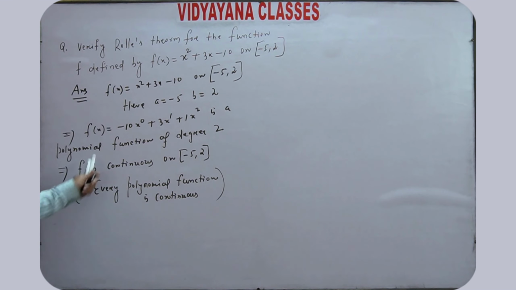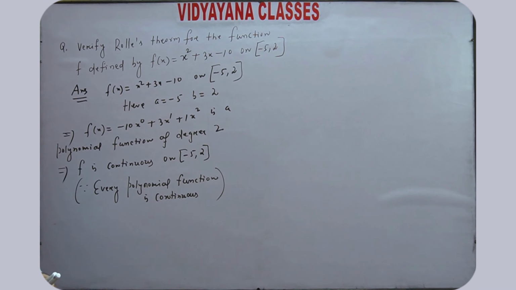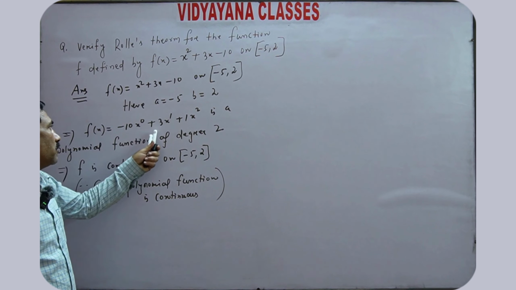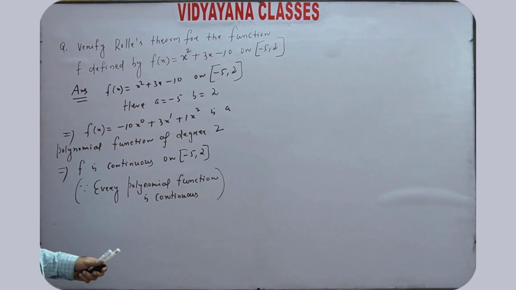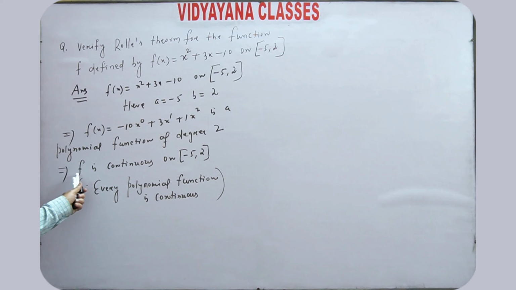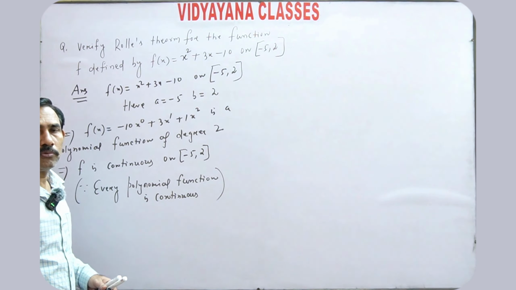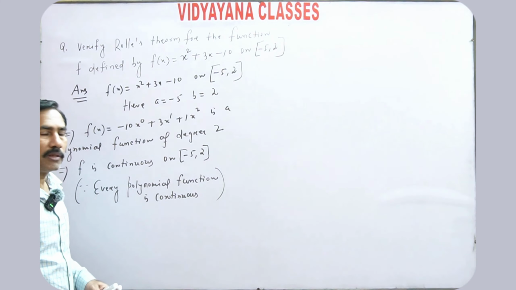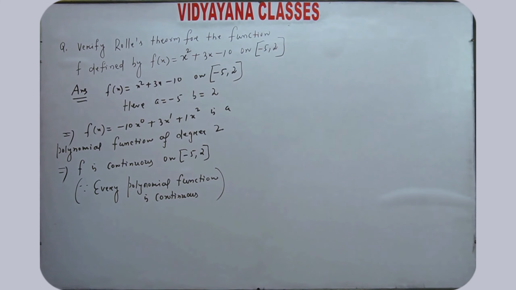Clear? f(x) is equal to x square plus 3x minus 10, which is the same as f(x) equal to minus 10 x to the 0 plus 3 x to the 1 plus 1 into x square, a polynomial function of degree 2. Implies f is continuous on the closed interval minus 5 to 2, since every polynomial function is continuous. So the first condition is satisfied.